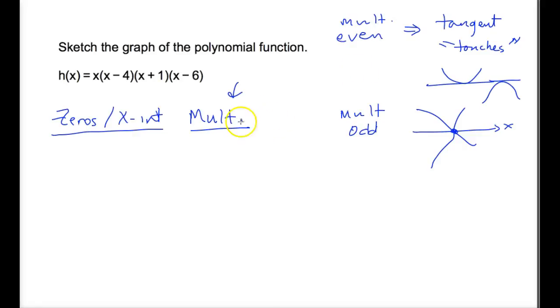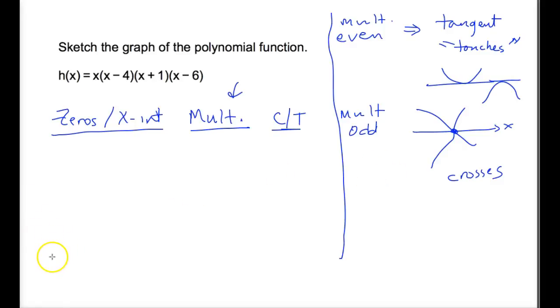And so how I'm going to do it is, because of that, I'm just going to simply put a column here that says cross or touch. Once we have all that information, the last thing that we need to know is what is the leading coefficient, which we're calling a sub n.